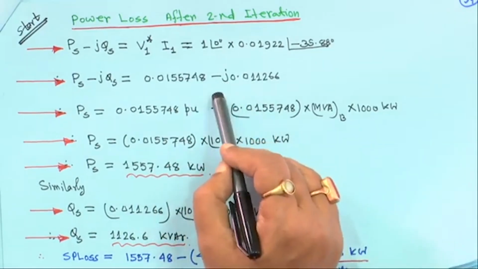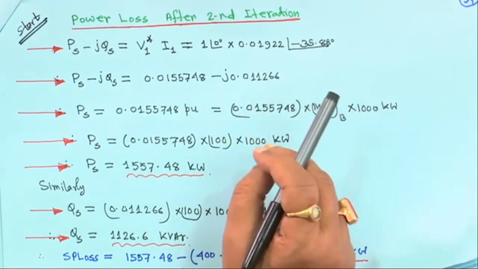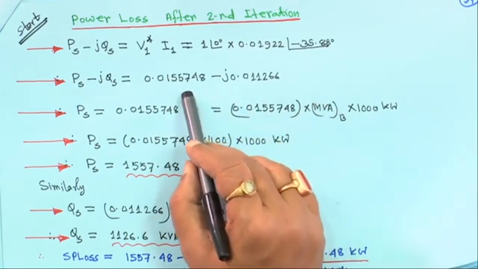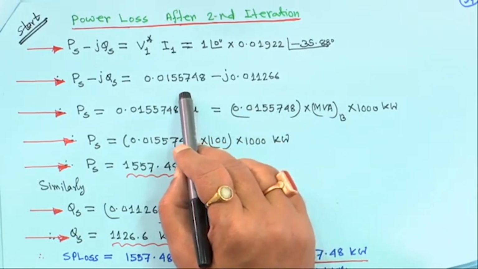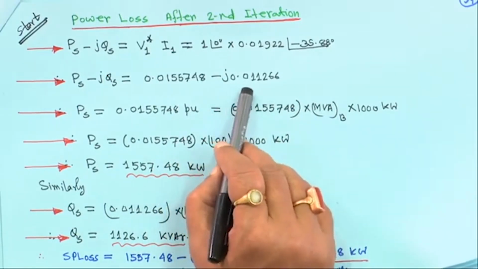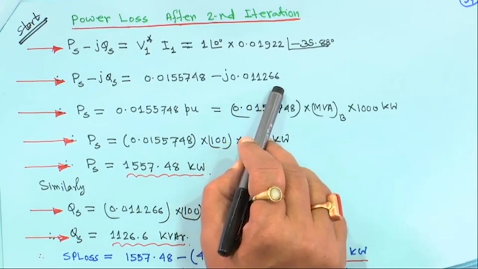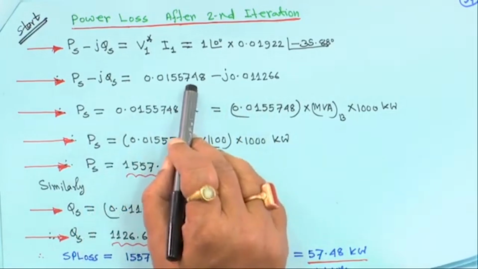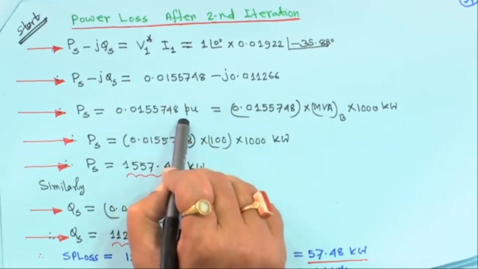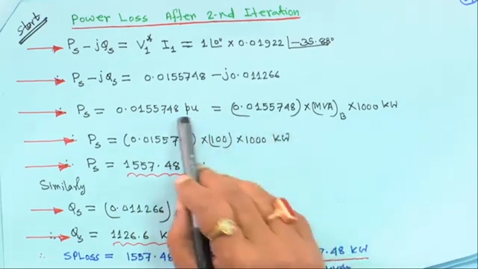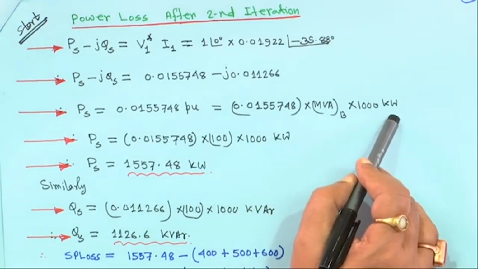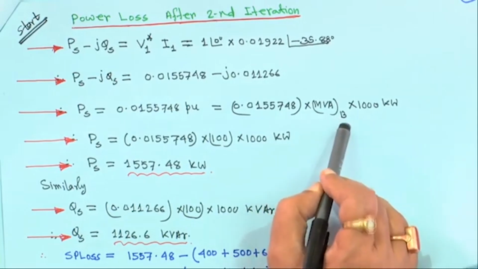I have taken up to 6-7 decimal places for more accuracy. But for assignment or exam purposes, I suggest you consider only up to 4 or 5 decimal places, do not go beyond that, right. Minus j 0.011266. That means PS will be the real part, 0.1557 per unit, multiplied by MVA base into 1000 kilowatt, just as I showed you, but MVA base is 100.